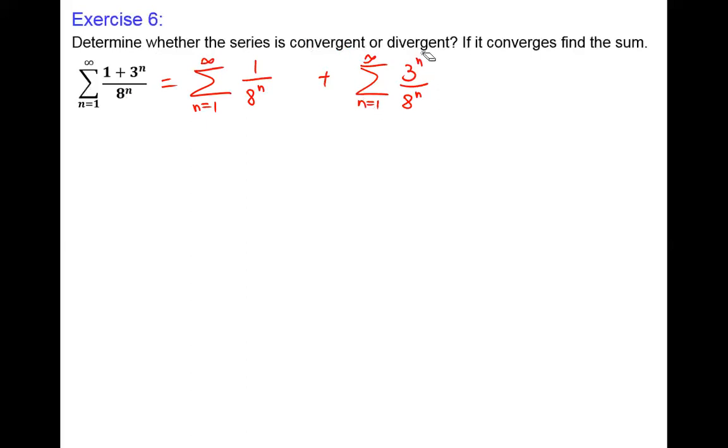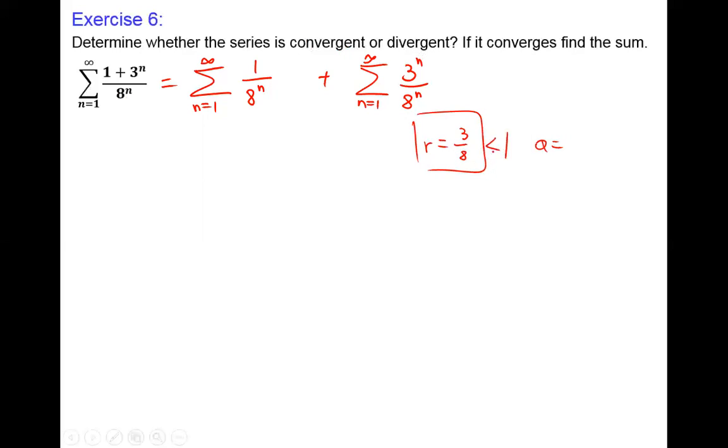Looking at the second one, I can definitely see that the common ratio is 3 over 8, because the 3 is taken to the power of n and 8 is taken to the power of n. No other numbers change. Like 3 over 8 to the power of 1, 2, 3, 4, that's my common ratio. And I also noticed that this is less than 1, so it is definitely convergent.